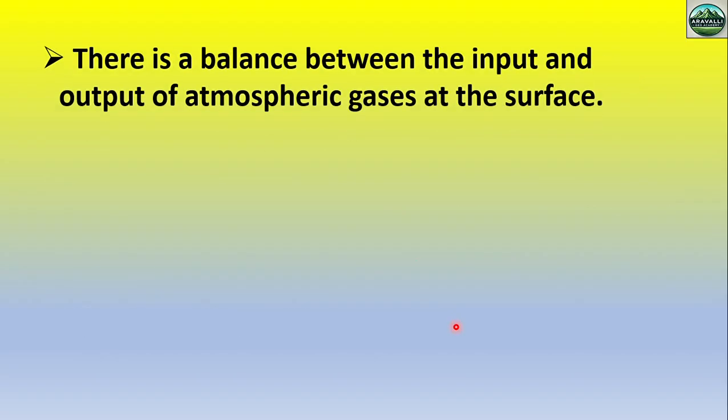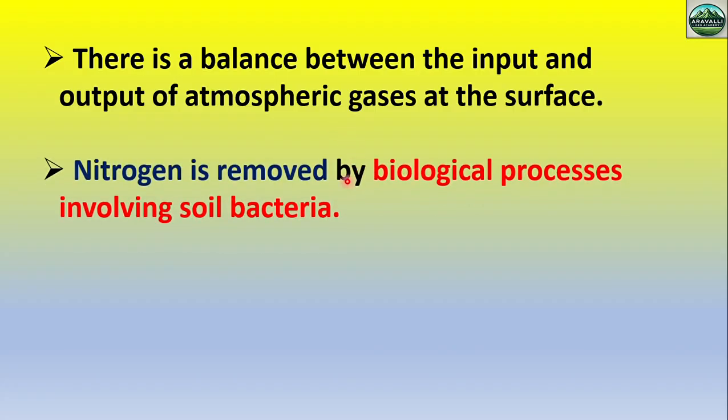Next, in our atmosphere there is a balance between the input and output of gases. First we discuss the removal of nitrogen from the atmosphere. Nitrogen is removed through a biological process.